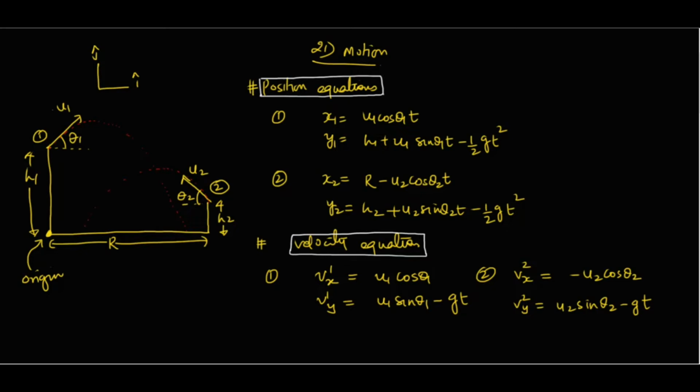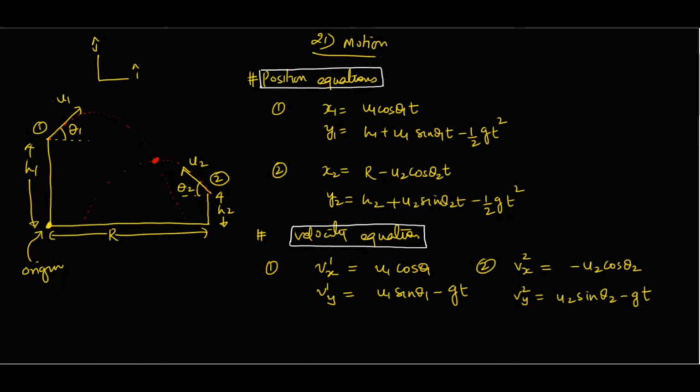So if there's a possibility for these guys to meet, they are going to meet here. Suppose it's given that these particles are going to meet, and you have to calculate their respective parameters, what time they are going to meet and what will be their velocities. We can calculate it very easily.